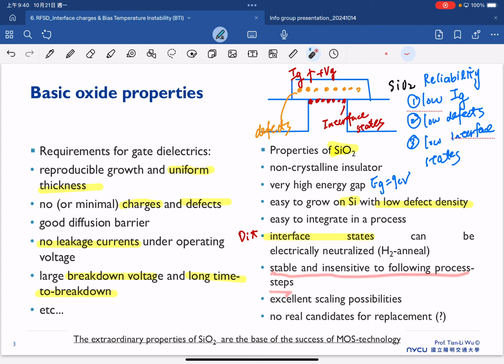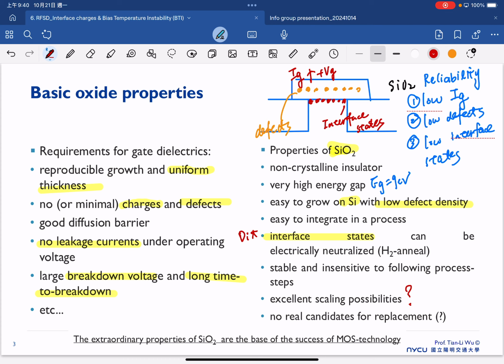And also, it's mentioned that silicon dioxide has excellent scaling possibility, but this probably is not true anymore. If you look at the literature, of course, semiconductor technology is evolving all the time, so what we understood before might change.